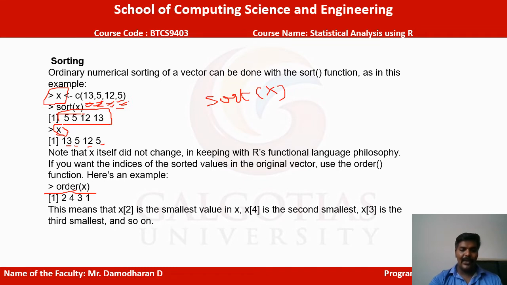Which 5 will come first? The 5 in the earlier place comes first. The second value is the 5 in the later place, then 12 is third, and 13, which is stored in the first position, comes last. So position 2 comes first, position 4 comes second, position 3 comes third, then position 1 comes fourth. This is how the order is arranged.